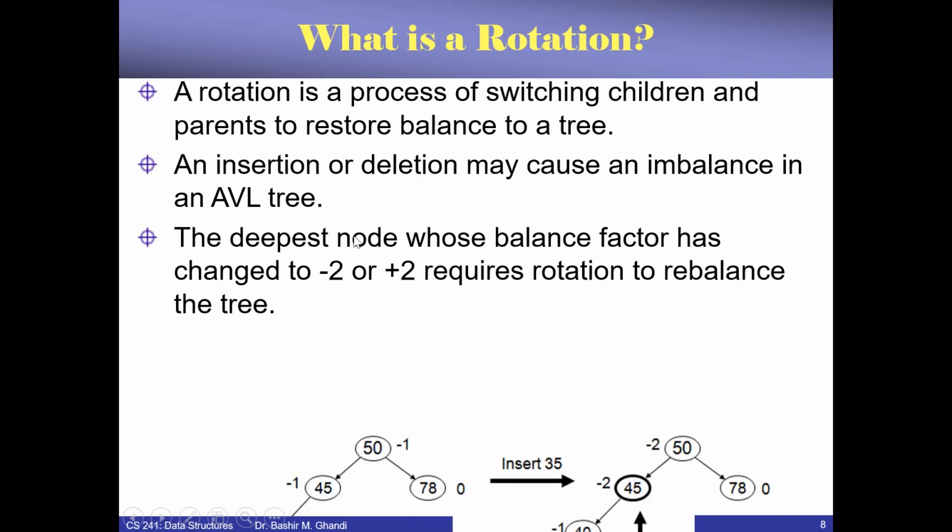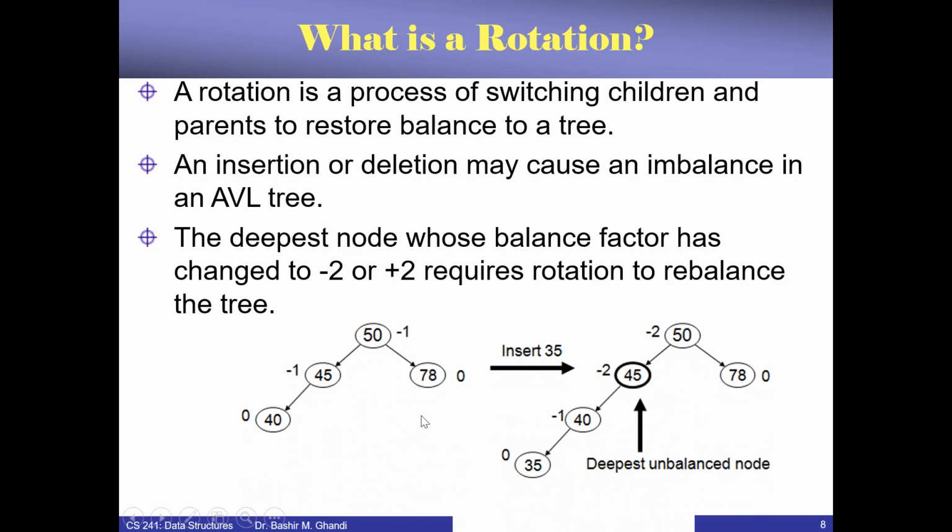To see an example, suppose we have this AVL tree. It is AVL because all the balance factors are within the range -1, 0, and in fact just 0 and -1. Now suppose you insert 35 in this tree. 35 is less than 50, so it's going to go to the left, less than 45 and less than 40. So it will end up here.